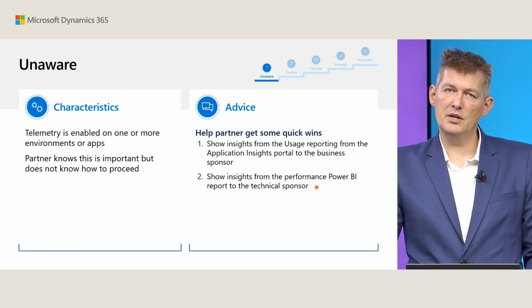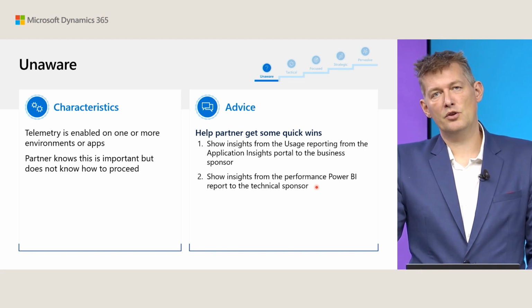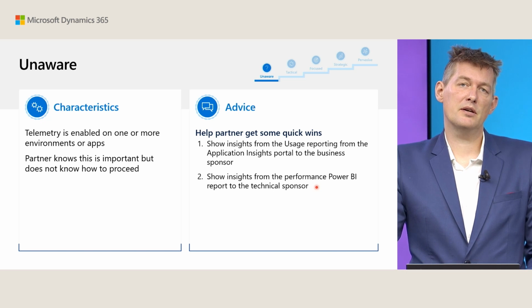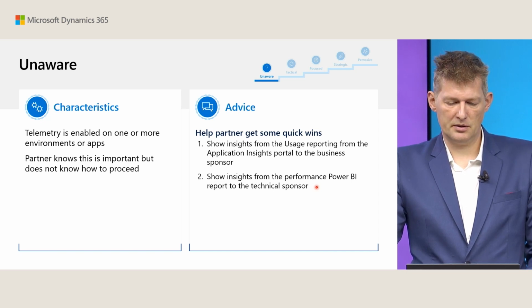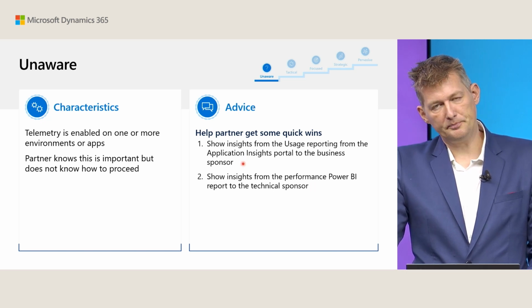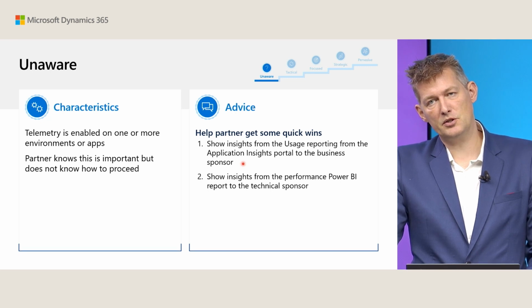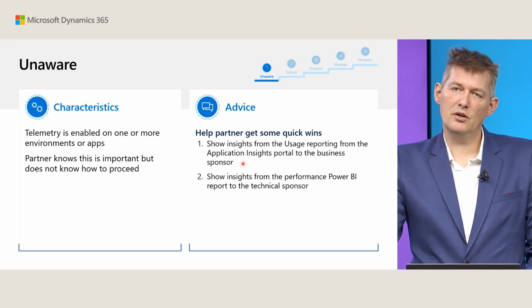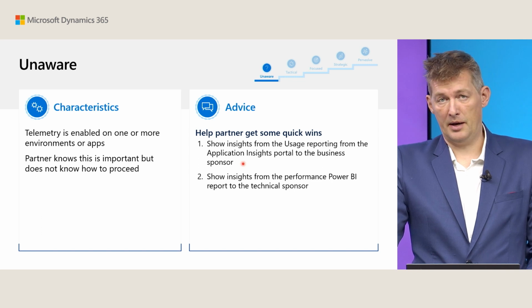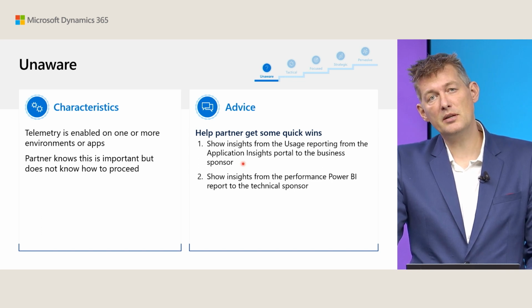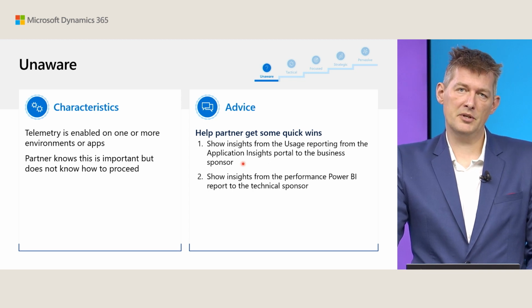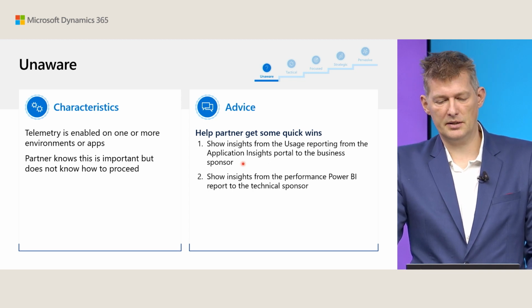And both of these roles can make the use of telemetry much easier in a partner practice. So for the business sponsor, this is where you start using the Power BI apps, because this is something where you immediately can see data visually transformed from data into information, into insights.